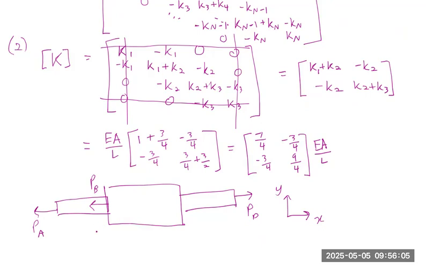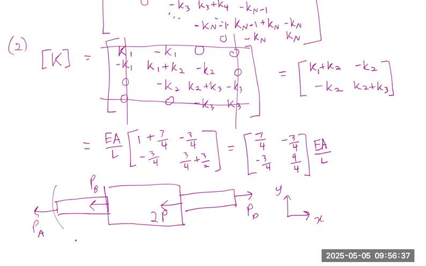Oh wait, actually no, sorry. We don't have a force PB applied at node 2. But for the sake of our free body diagram, we want to draw the force applied at each node, because our force matrix is going to be all the external forces applied on the system.